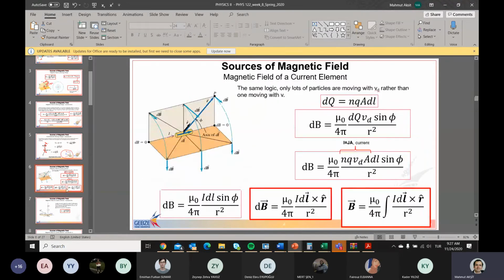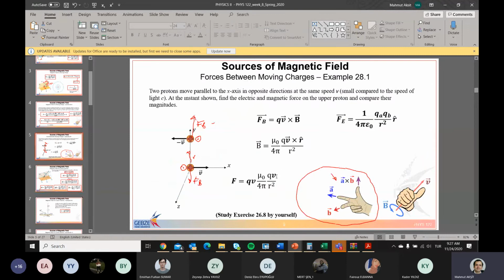We take it to be 1. So we just end up having mu 0 qv over 4 pi r squared. R there is a unit vector, so it doesn't affect things.